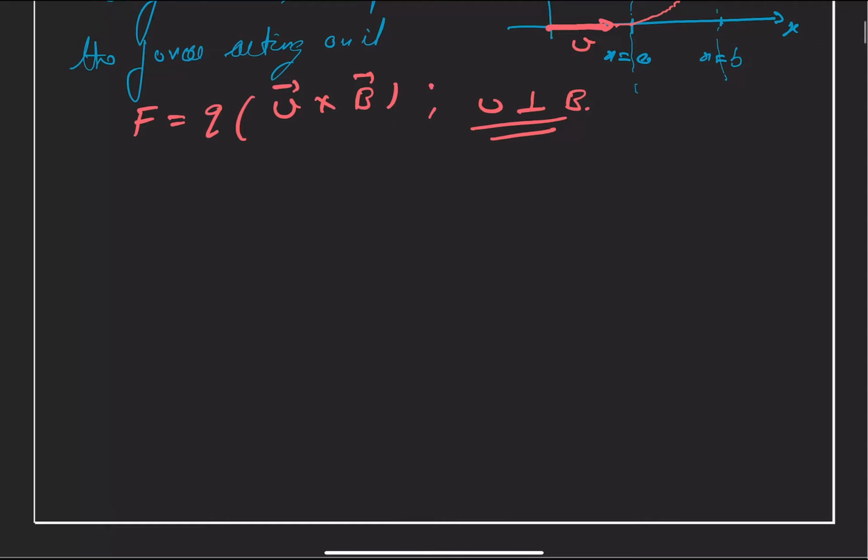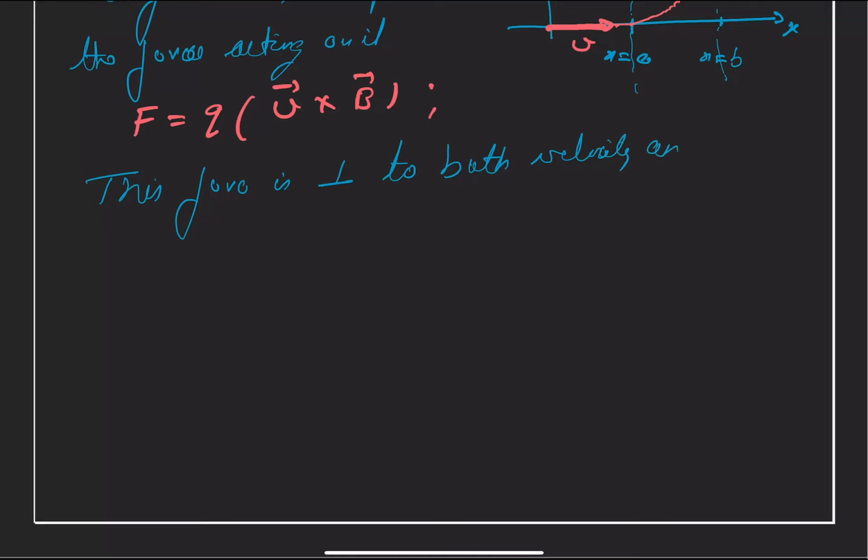Let me write it here, that this force is perpendicular to both velocity and magnetic field.